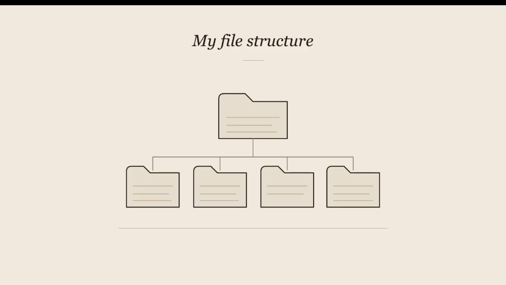Now, the next one is creating a file structure. This is the important thing: the most useful thing you can do at the very beginning is to create a file structure around your business. I've named my top file the Claude agent, and then underneath that I've got files like my brand strategy, my brand identity, my marketing folder, my content, which includes blogs and social media posts, my accounting folder, and things like that.